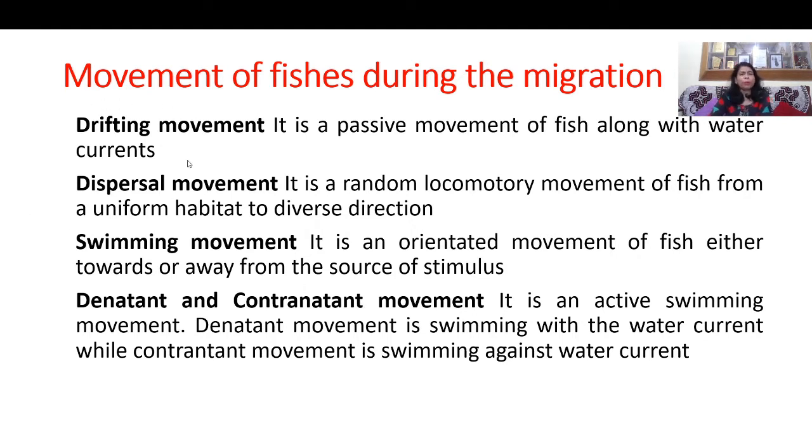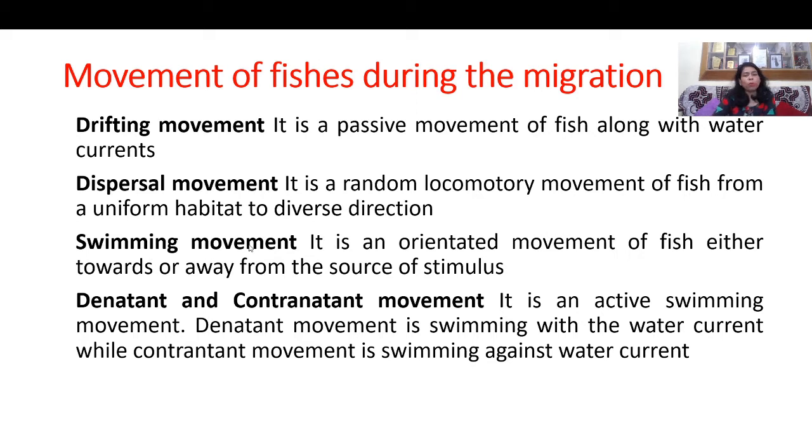Drifting movement is a passive type of movement, so the fish swims along with the water current. Dispersal movement is a random locomotive movement, in which fish from a uniform habitat move in different, diverse directions.